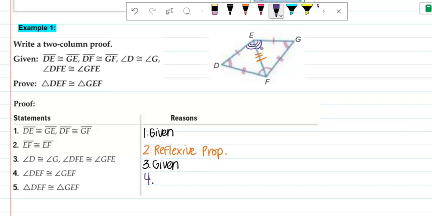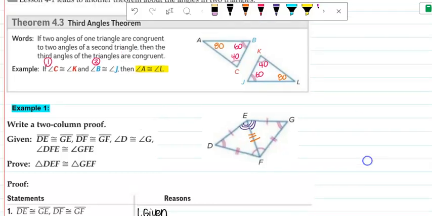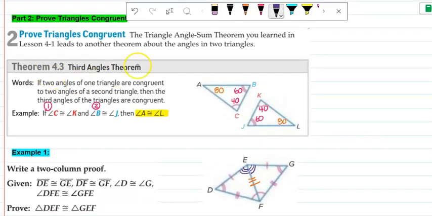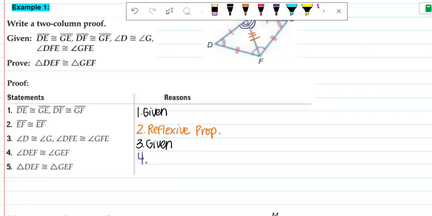If we were told that E is being bisected, then absolutely we would want to use some form of an angle bisector. But for now, we can't use that because, again, it wasn't in our given. But from our little postulate up here in our third angles theorem, we've already established that 2 angles were the same, so the third set has to be the same based on our third angles theorem.